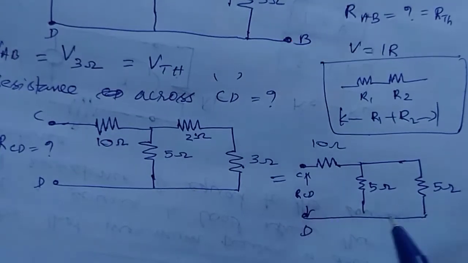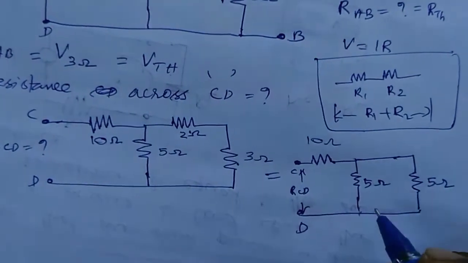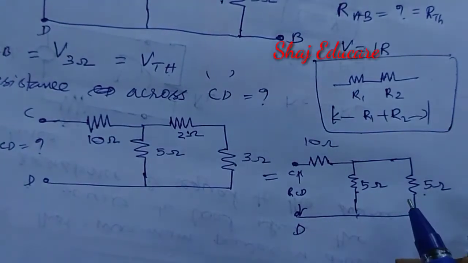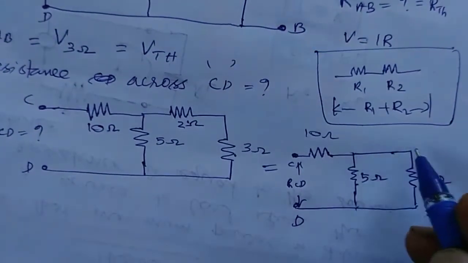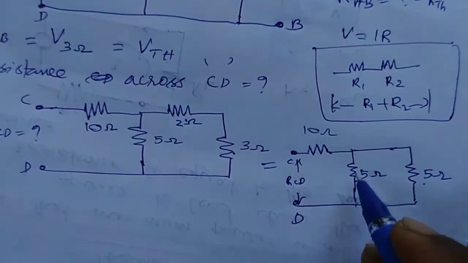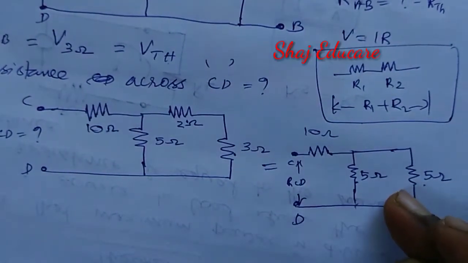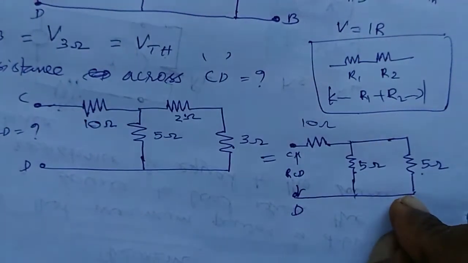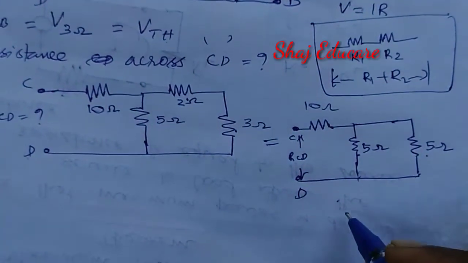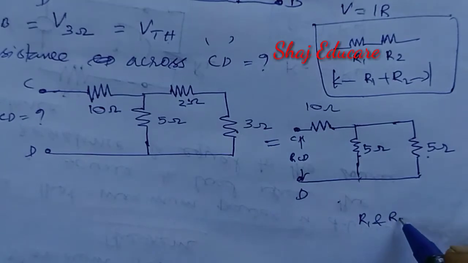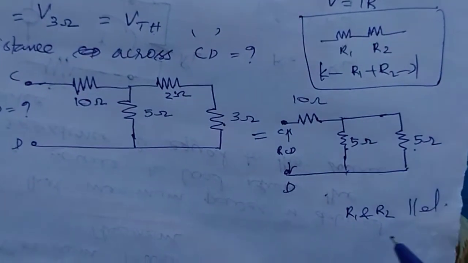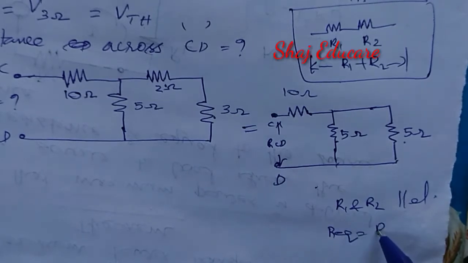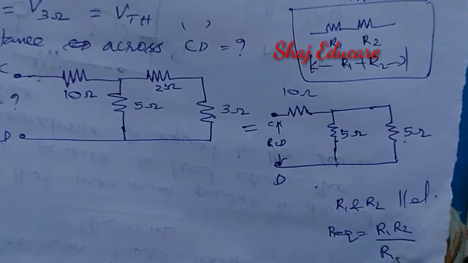Now take a look at this new circuit. What about this 5 ohm and 5 ohm? They are parallel to each other. Therefore, we can again replace these two 5 ohm resistances by the corresponding equivalent resistance. If two resistances R1 and R2 are parallel, then the equivalent resistance will be R1 R2 divided by R1 plus R2.